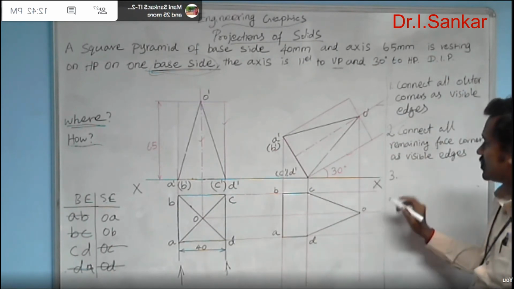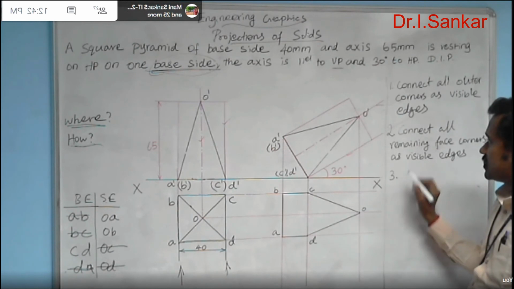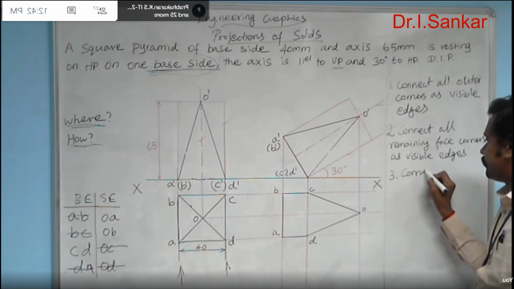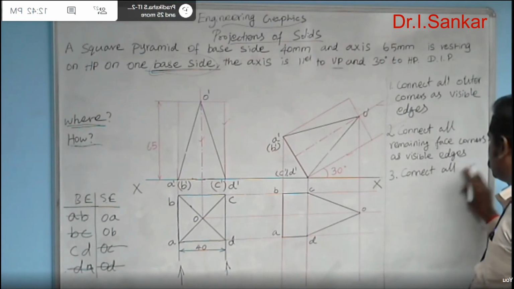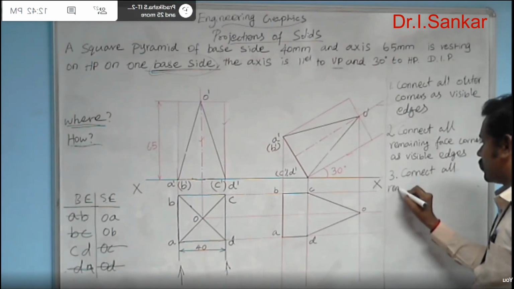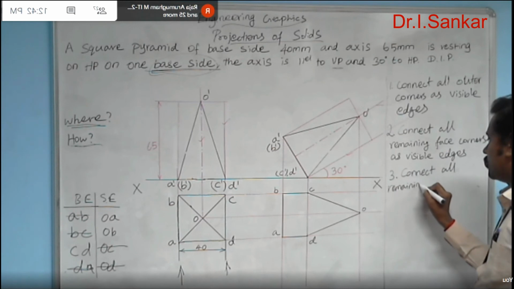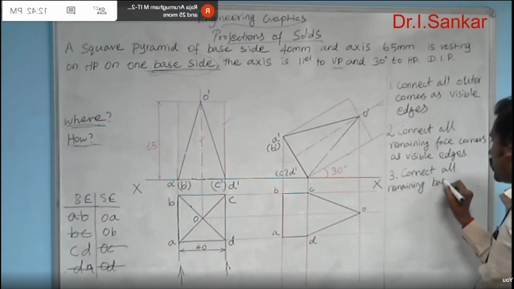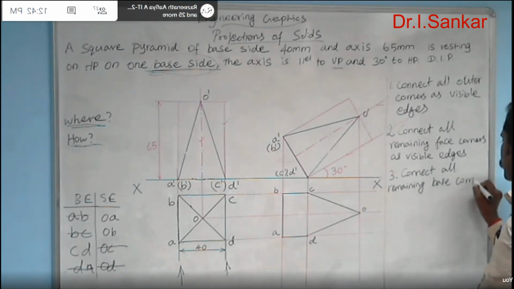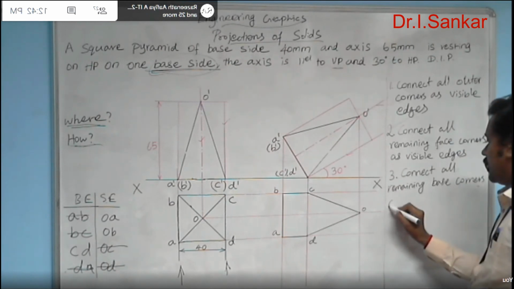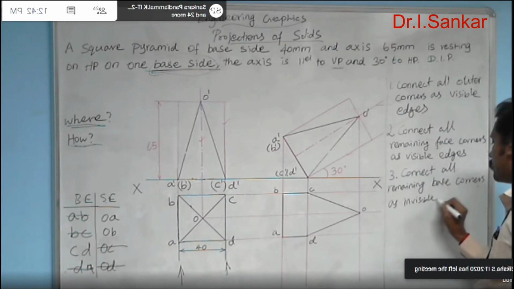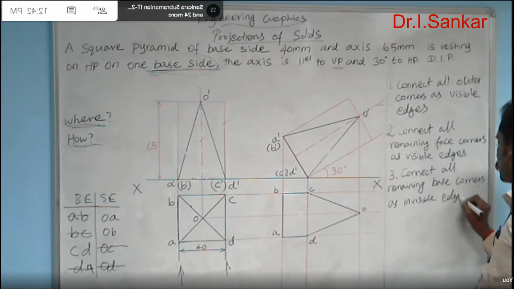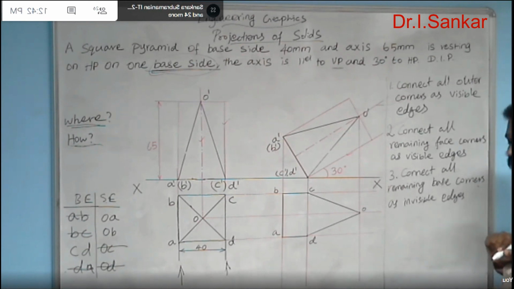Okay, just skip it. And what is the third step? Connect all remaining base corners as invisible edges.